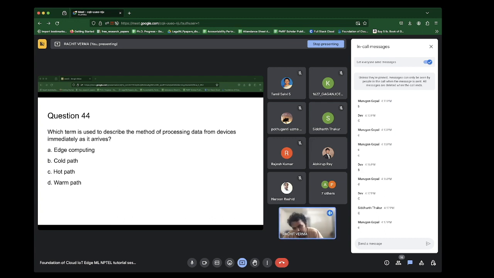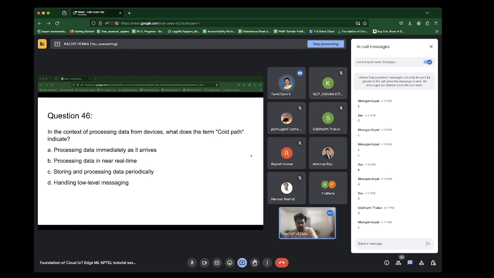Cold path and warm path are not the right answers because they do some sort of batch processing. Edge computing is not exactly a method of processing data. It consists of the entire phenomenon of processing data close to the network edge. It could do either hot, warm, or cold, provided it has the storage capabilities.